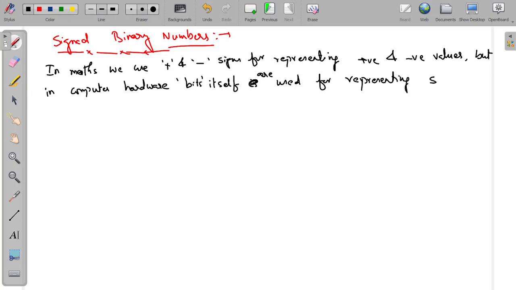So the bit at the MSB position, that is the most significant bit position, will decide the sign of the number.